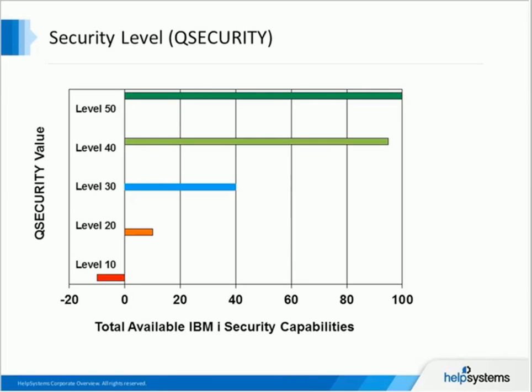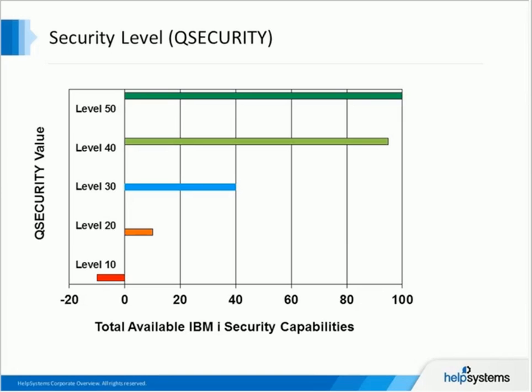By default, profiles have to have authority from some other place. So let me back up. The problem with level 20 is that when you create a user profile, the system by default gives all object. That's fine, except that everybody has all object. And in this day and age, we can't have all of our profiles have all object.